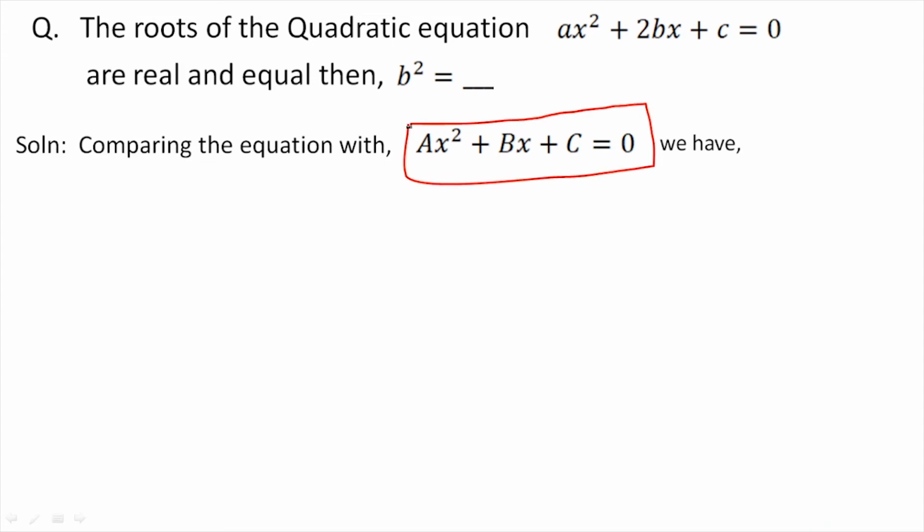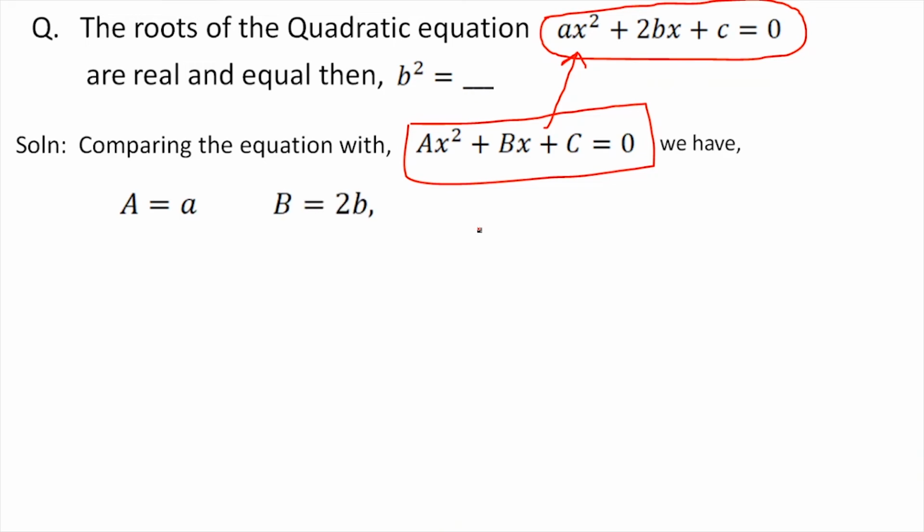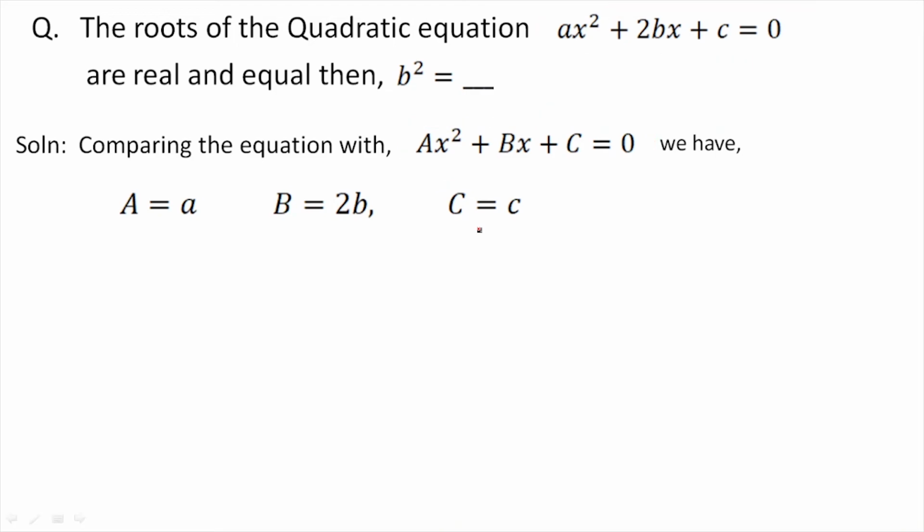After comparing these two equations, ax square plus bx plus c and ax square plus 2bx plus c equals 0, what we get is capital A will be equal to small a, capital B will be equal to 2 small b, and capital C will be equal to small c.